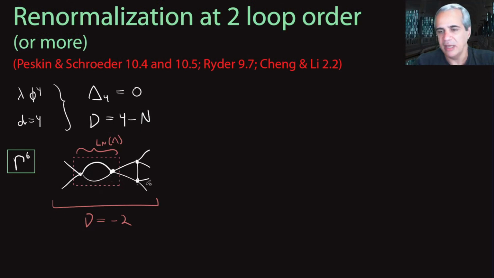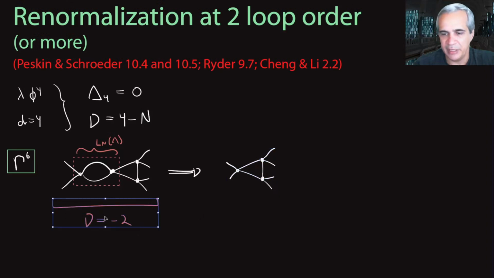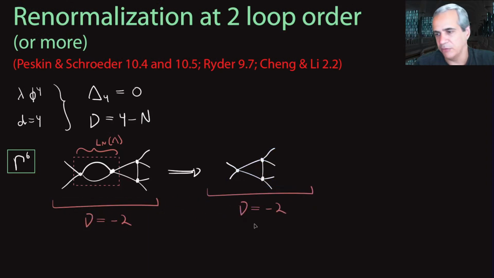You could think of the divergence in this way: if I remove this guy, suppose I just chop this divergence off, the diagram will now look like this. These will be connected straight to these lines. And this is convergent. This is really the minus 2. This converges.